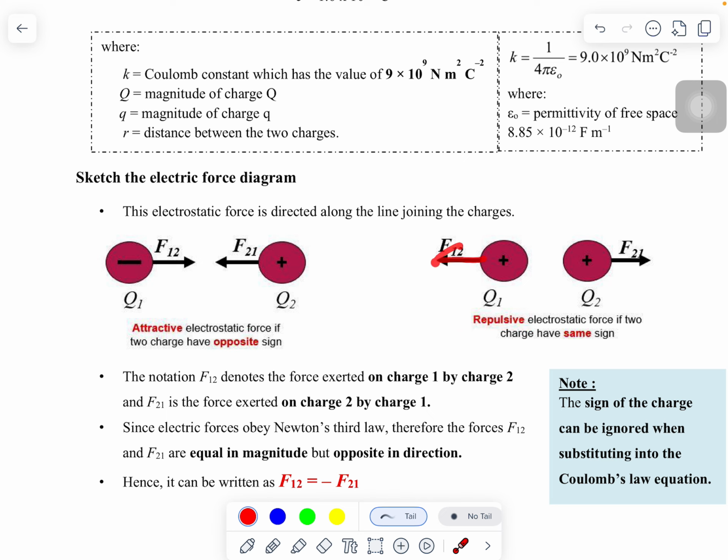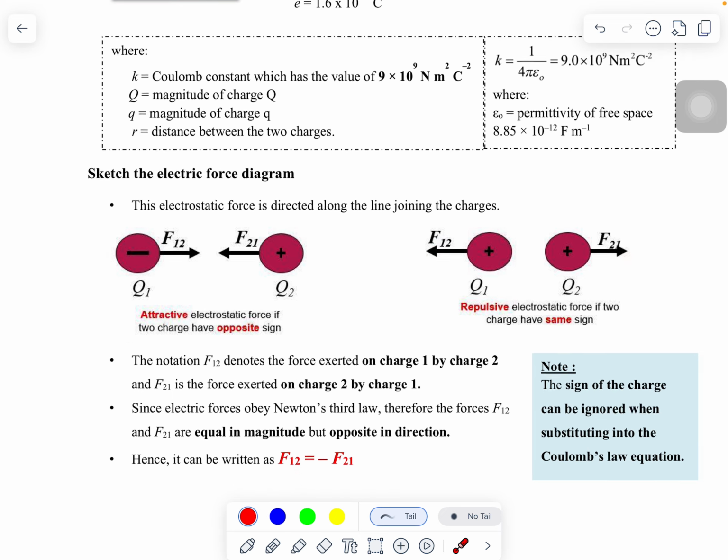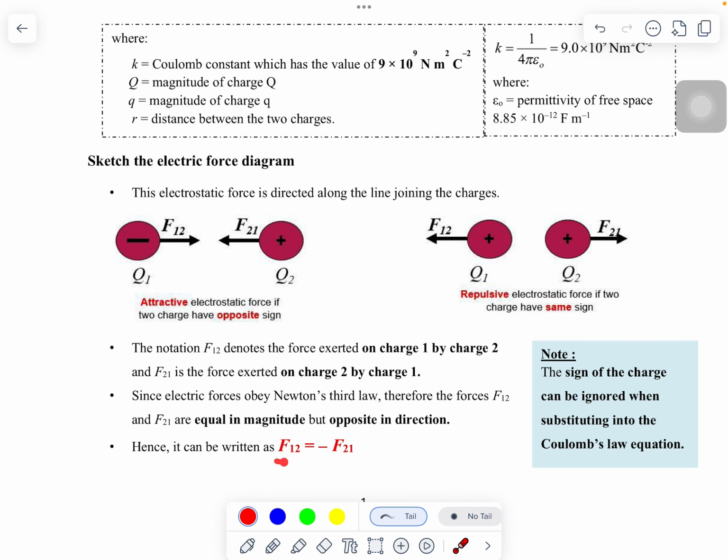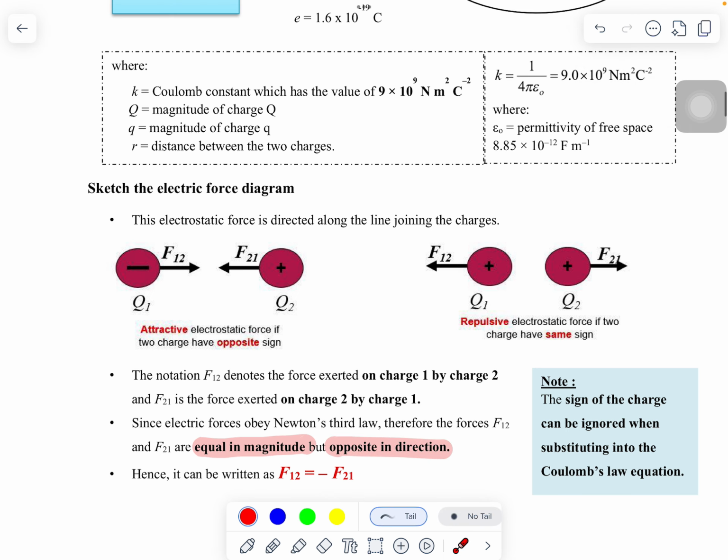Dia repel kan. So lukis sini satu, yang dekat sini satu lagi. Okay, so we can write it down as F12 is equal to negative F21. Negative because it's going to the left. Value dia sama. So ingat, they are equal in magnitude but opposite in direction. Okay, so that's how you sketch the electric force diagram.